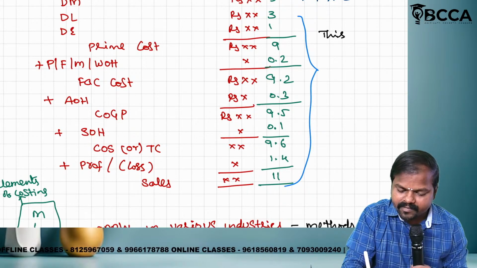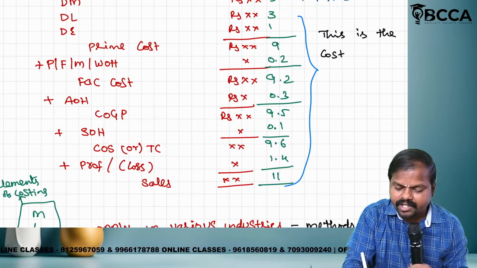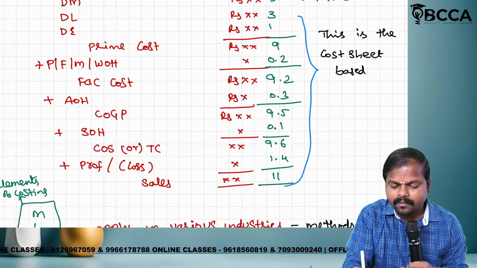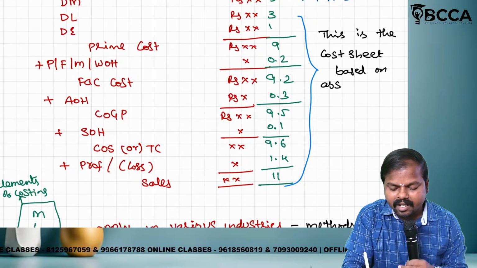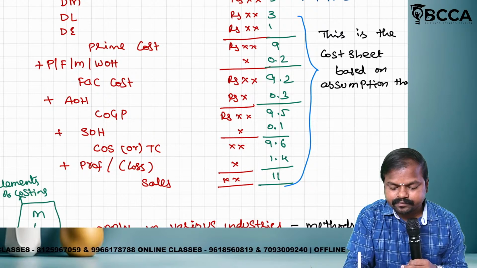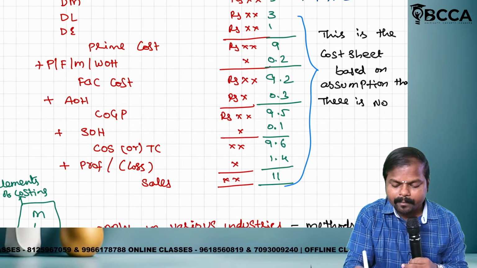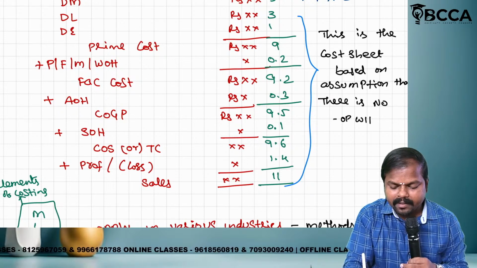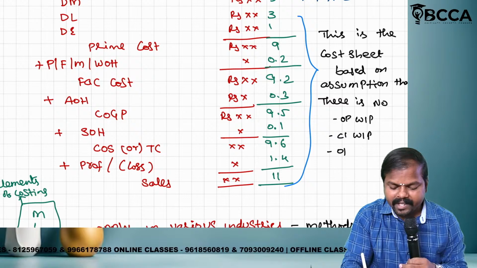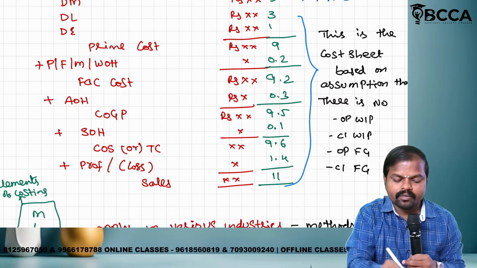Now tell me, we will write here. This is the cost sheet, based on the assumption that there is no opening WIP, closing WIP, opening stock of finished goods, or closing stock of finished goods.